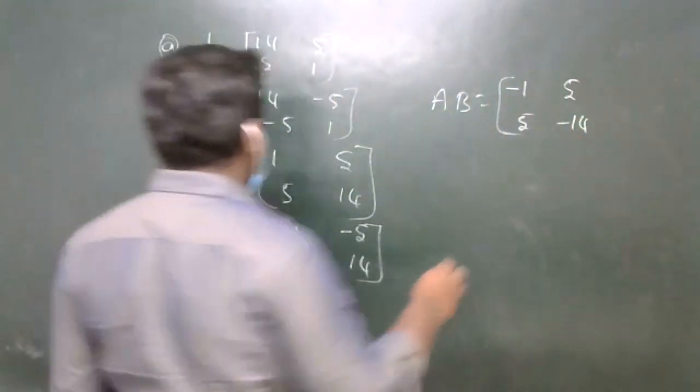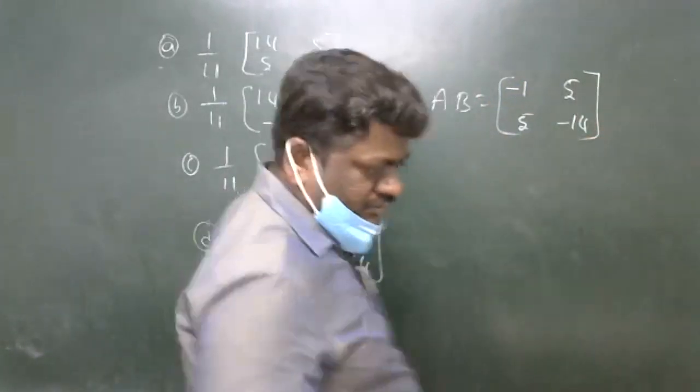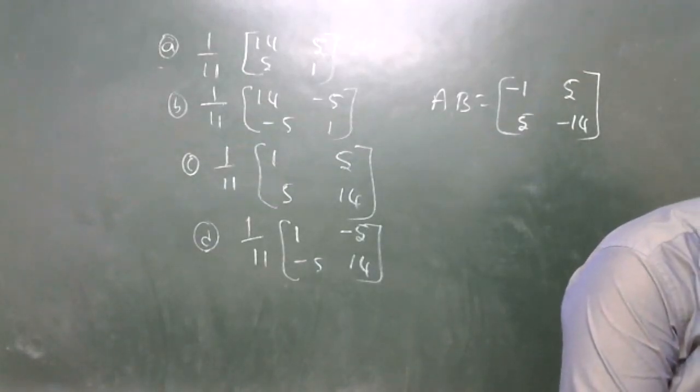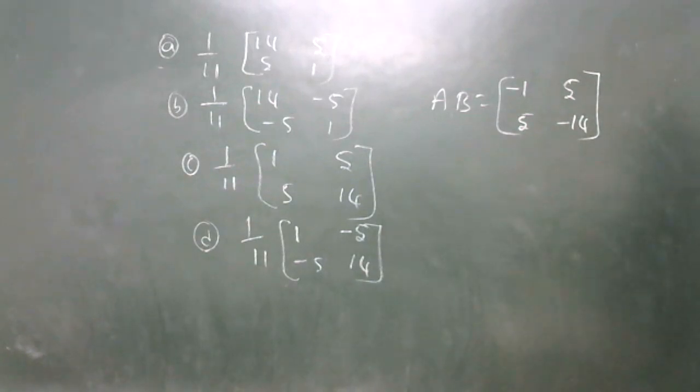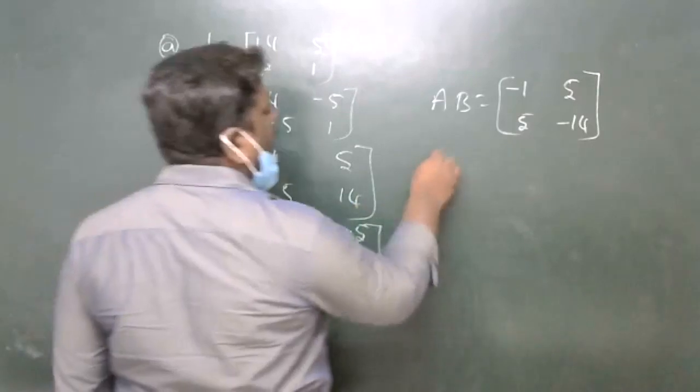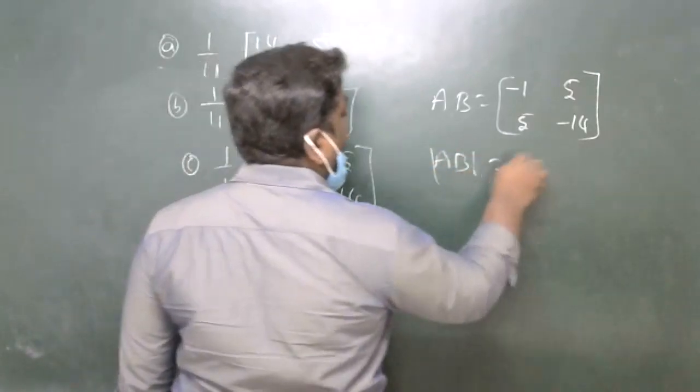Minus 14. So now you got determinant of AB is equal to minus 11, you know.